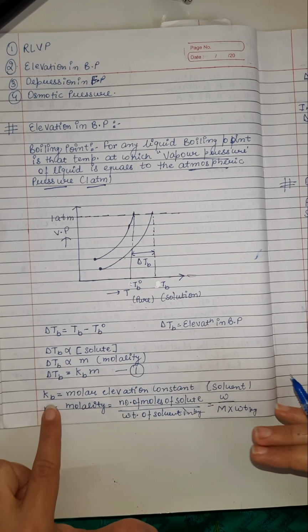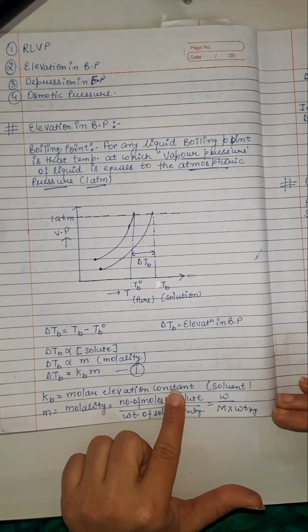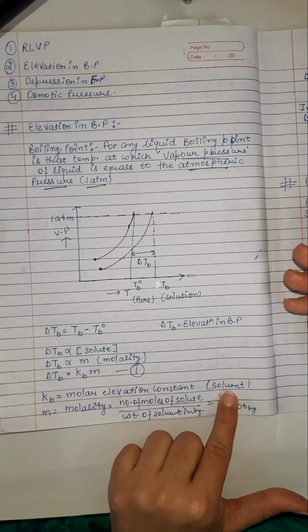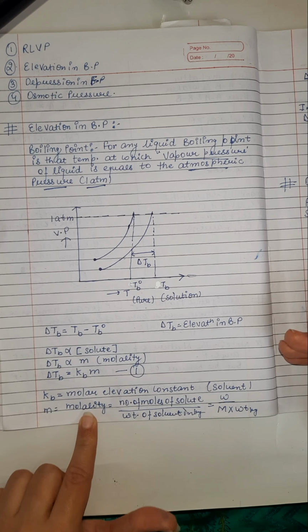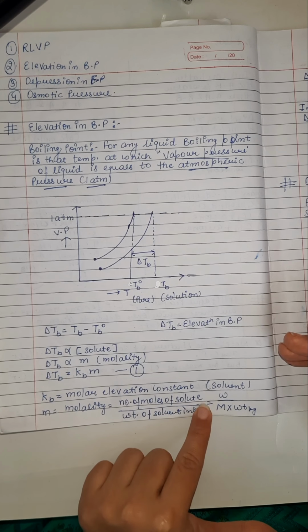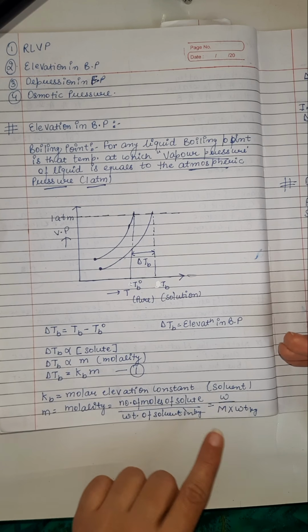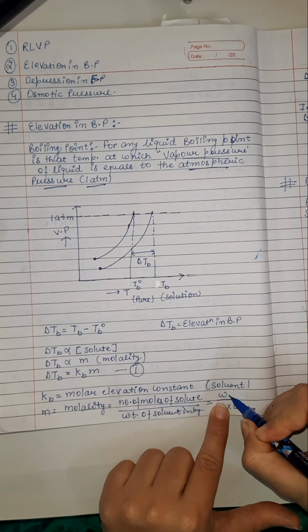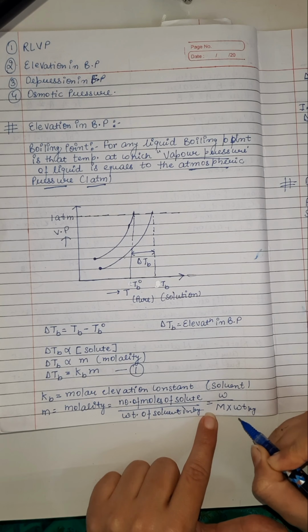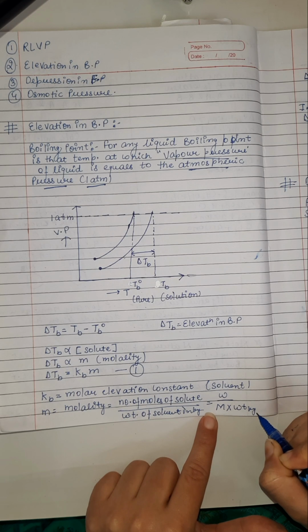What is Kb? Kb is molal elevation constant of solvent, and m is molality. What is molality? Molality is number of moles of solute upon weight of solvent in kg, that we can write as given mass upon molar mass into weight of solvent in kg.